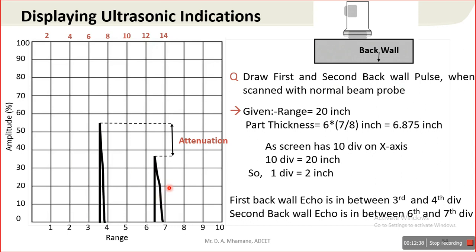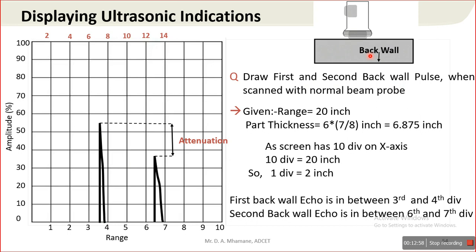So what is meant by back wall echo? Back wall echo is nothing but when the ultrasonic pulse transmits from the transducer and it reaches the extreme entity of the component, that extreme entity is called the back wall.